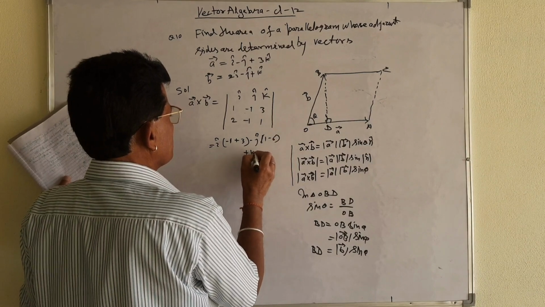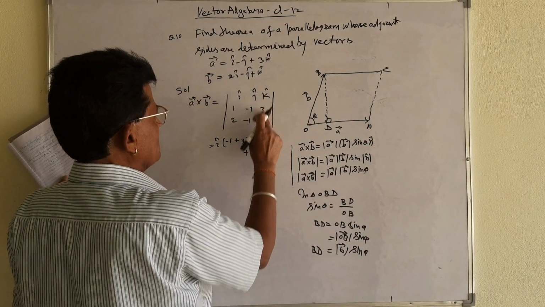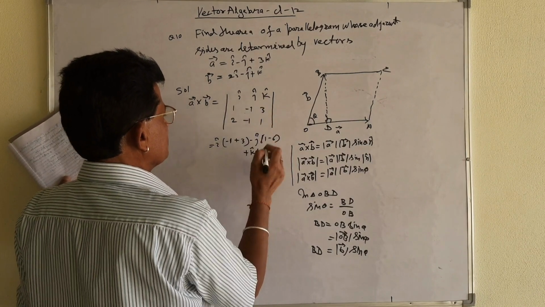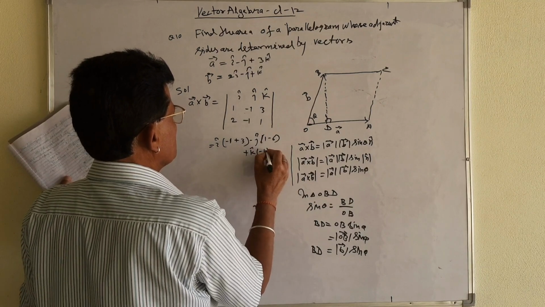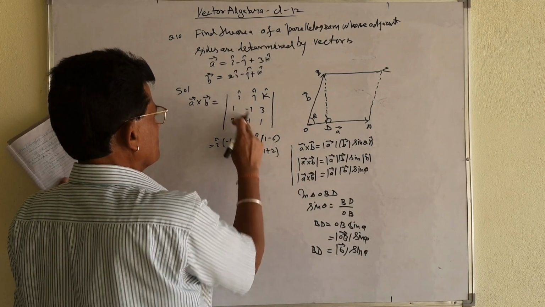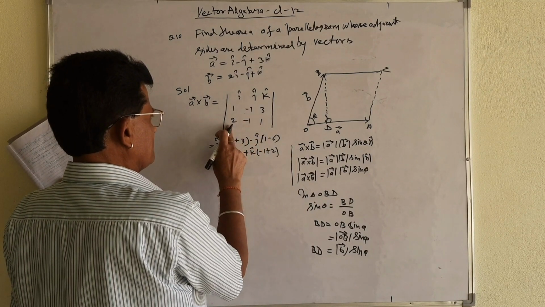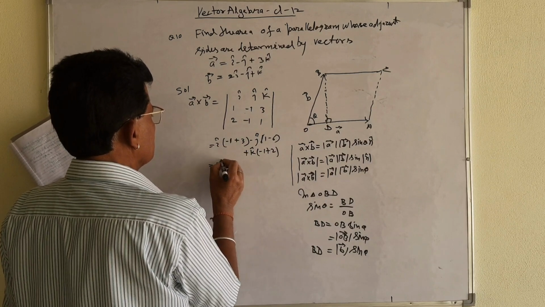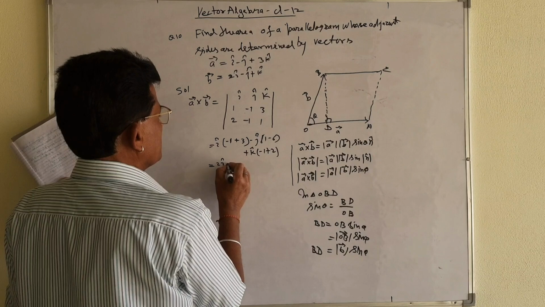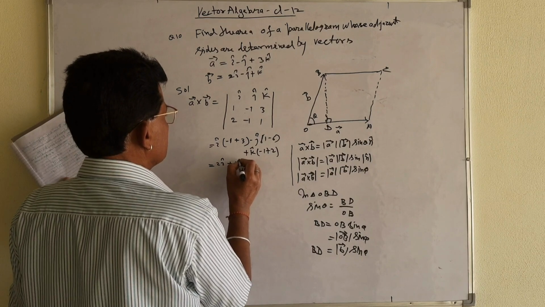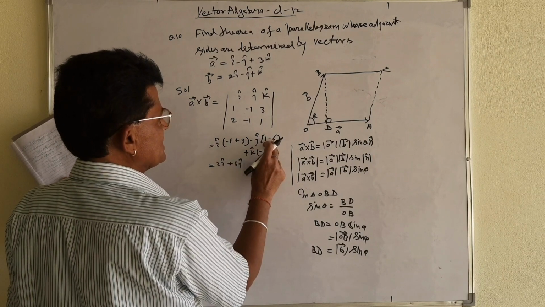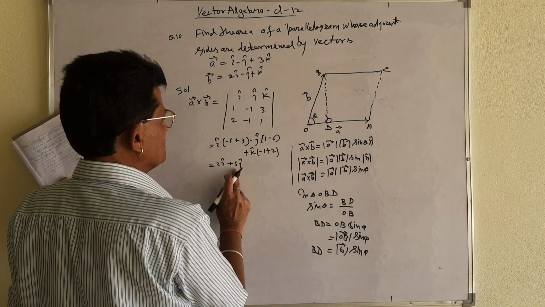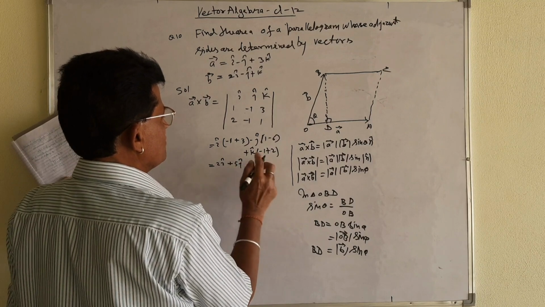And plus k, delete this column and this row. This will be minus 1 plus 2. It will be equal to 2i plus 5j, because 1 minus 6 is minus 5, and negative into negative is positive 5j, and plus k.